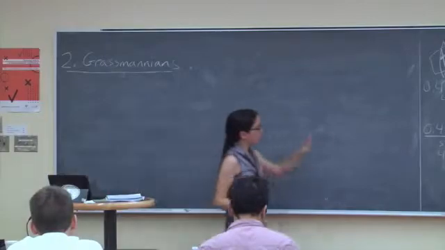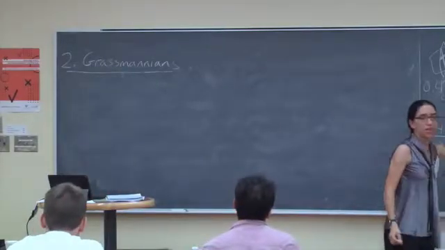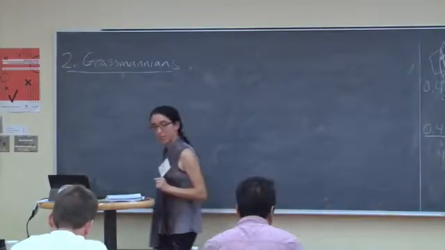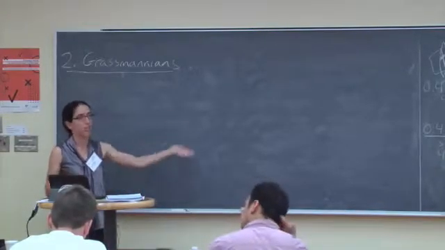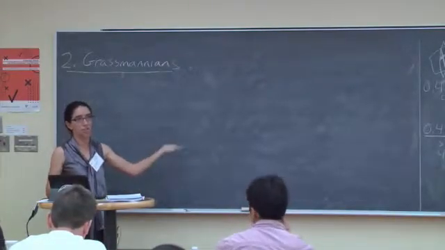Okay, so why did we translate it like this? Well, now we can work in what's called a Grassmannian. The reason I spent so much time on projective space is that the Grassmannian is just a generalization of this.